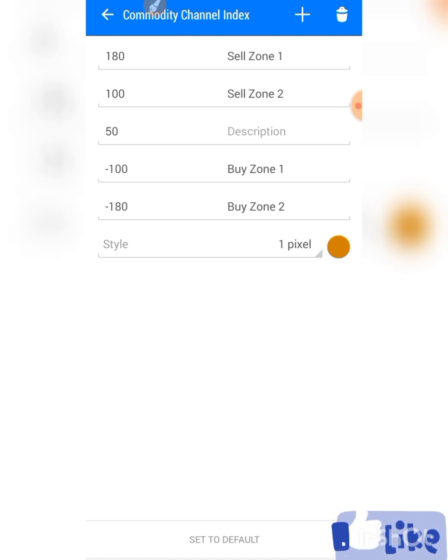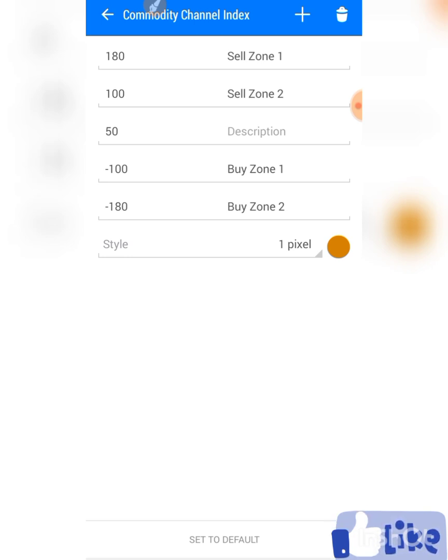You can let it be, but you can add it also so that it will guide you on when to leave the market and other stuff. And then we have minus 100 and minus 180. So look at my descriptions. I did the positive 180 as sell zone 1, then sell zone 2 for the 100, and then the negatives are buy zone 1 and buy zone 2.